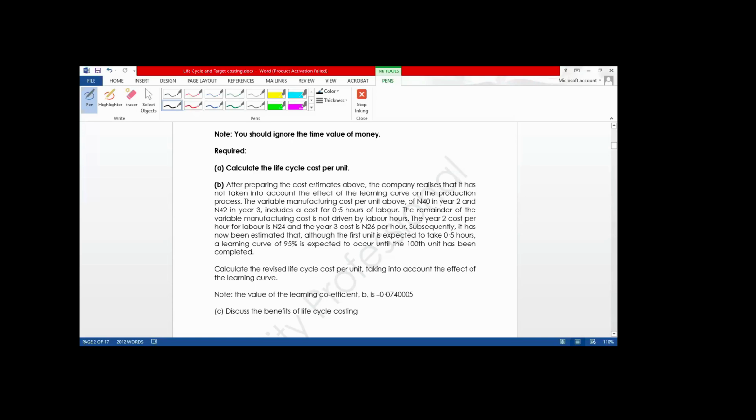Subsequently, it has now been estimated that although the first unit is expected to take 0.5 hours, a learning curve of 95% is expected to occur until the 100th unit has been completed.